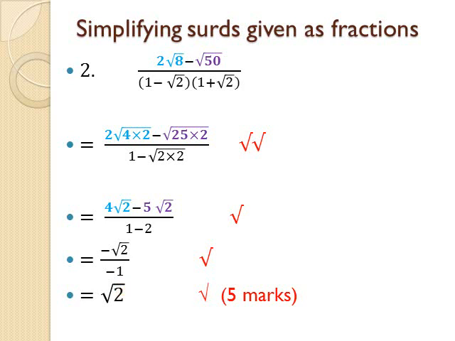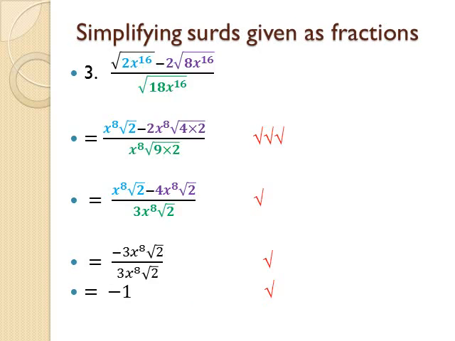Right, next problem. Right, simplify. So now I've just included some variables to make it more complex. So in the bracket here I have 2x to the power 16 minus 2 square root 8x to the power 16, divided by 18x to the power 16. Again, remember, to solve, because there's a minus sign, I need like terms.